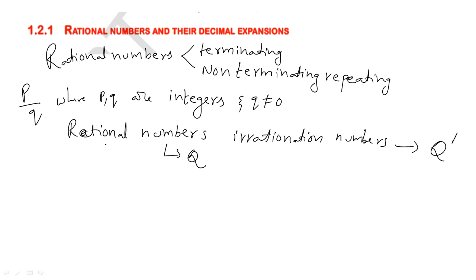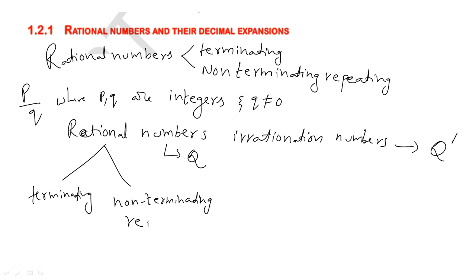In rational numbers we have two types, terminating, which we have discussed, and non-terminating, and the main thing is that it is repeating.